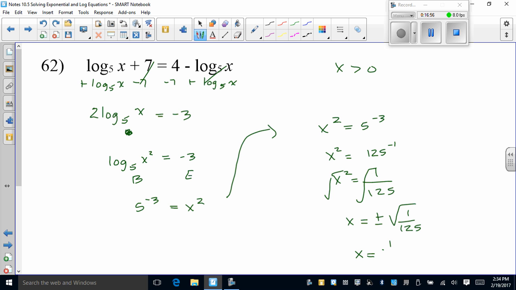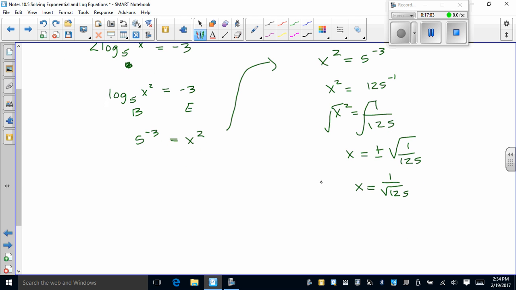I will be okay with this answer, but for those of you who want to be able to clean it up, square root of 125 is equal to the square root of 25 times the square root of 5, which gives you 5 square root of 5. So this would be 1 over 5 square root of 5.